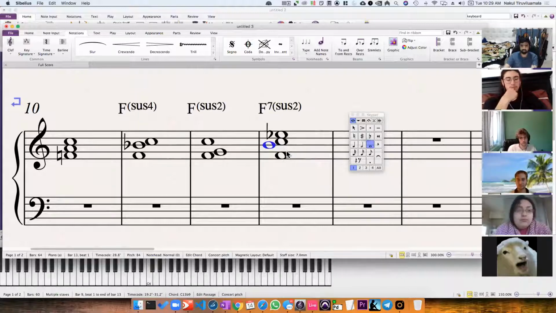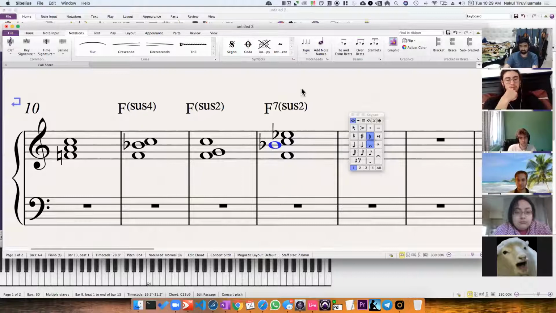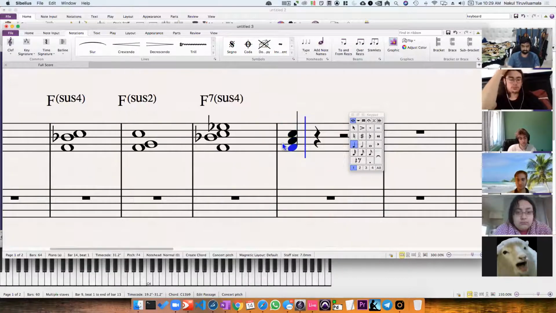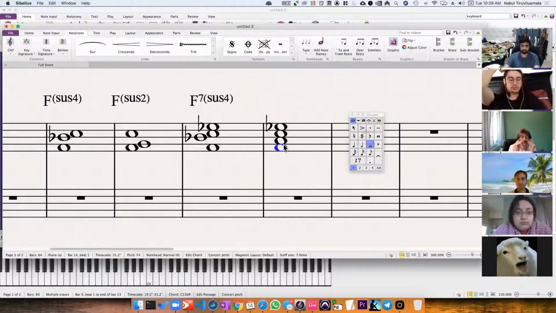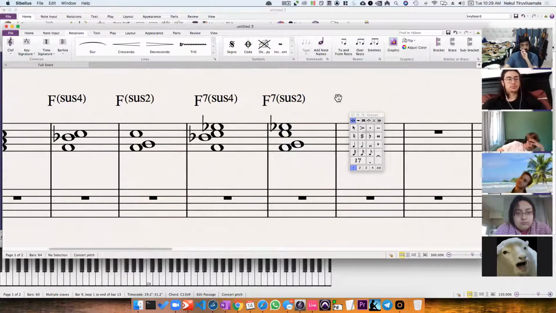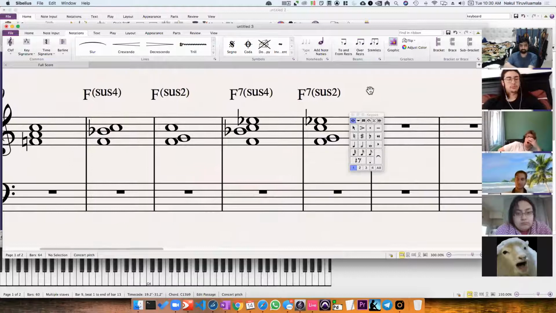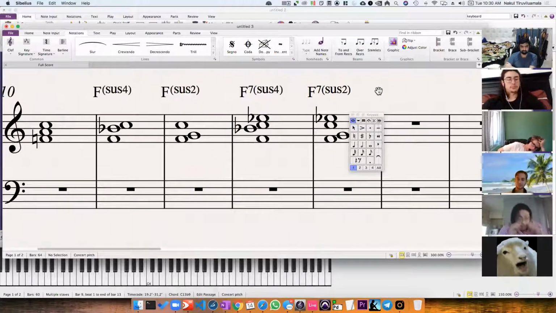This is common, but for some reason I see the F7 sus4 much more often. But just for posterity, remember, the same process always applies. I take this dominant seventh chord and I go blat. And now I've got an F7 chord where the third is replaced by the second. And now I've got an F7 sus2. Interesting, right? Okay.